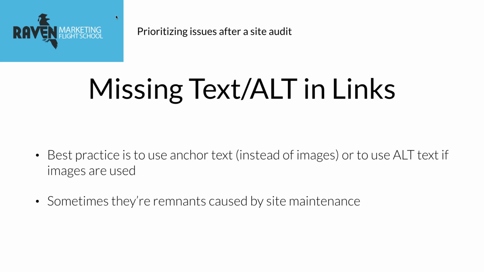Then I look for any links that are missing either anchor text or alt if they're image links, and the main reason for that is just because, in general, it's best practice. It's not good to just have a blind link in your HTML. I see it all the time.